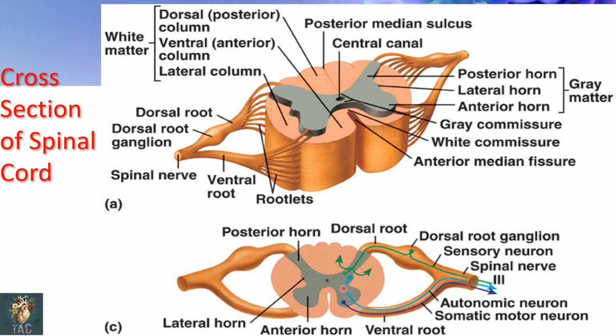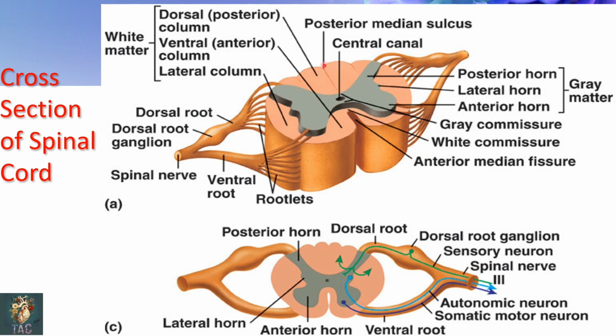Similarly, the anterior horn is basically motor in nature, and the nuclei give rise to axons moving through the ventral or anterior root, which combine with the posterior root to form the spinal nerve, and the spinal nerve then exits through the intervertebral foramina. So this is the cross section.